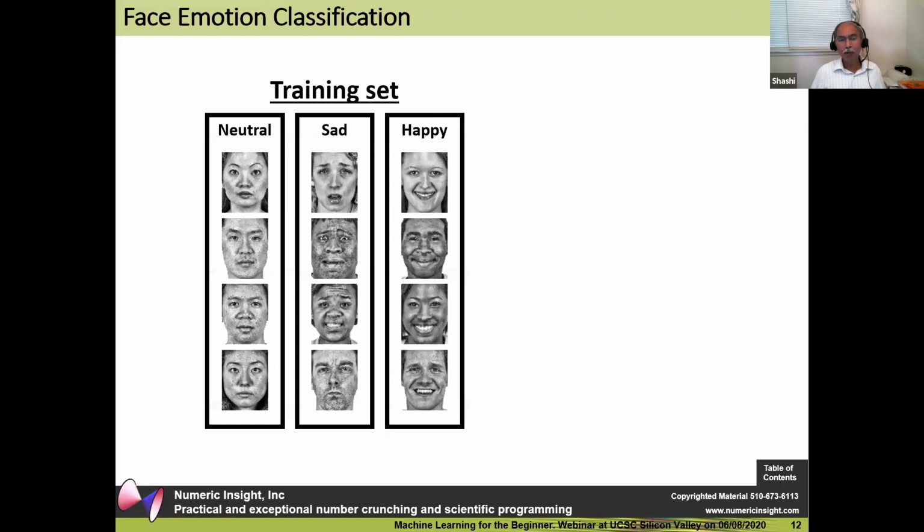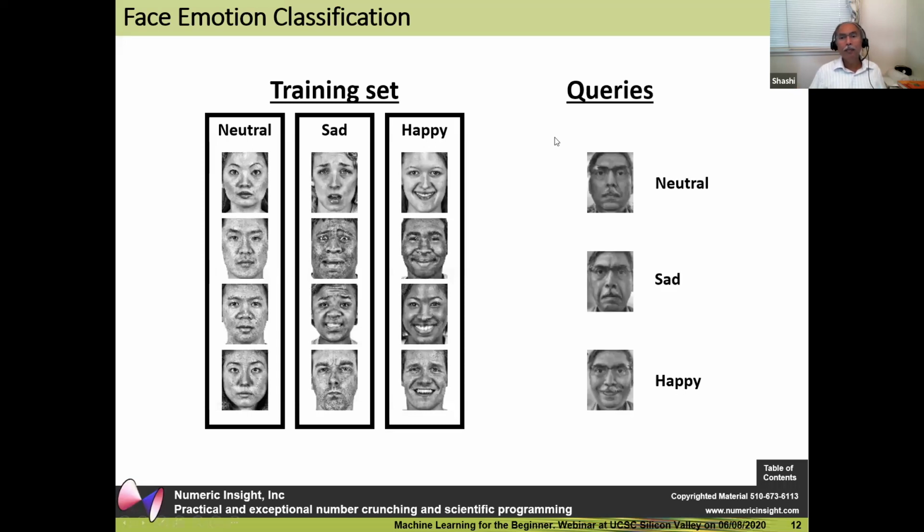After all, as I told you, something like this is happening within modern cameras, okay? So you should be able to query and come up with the correct class labels when these images are fed into the system, okay?